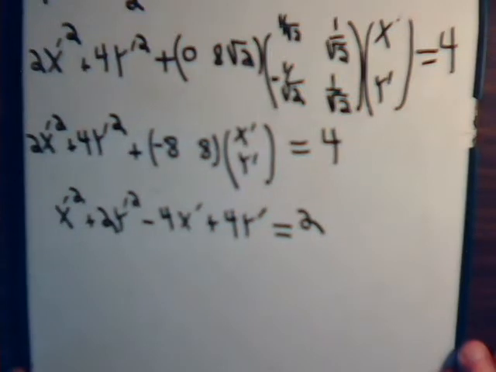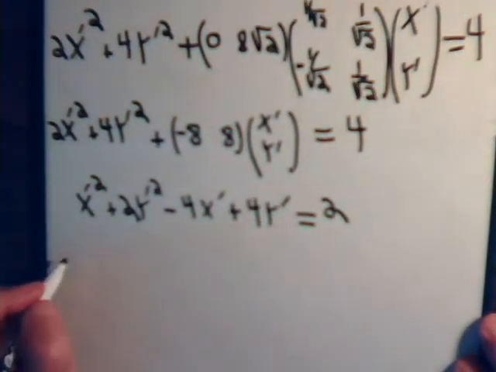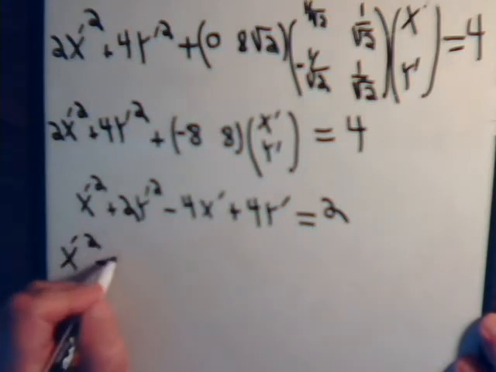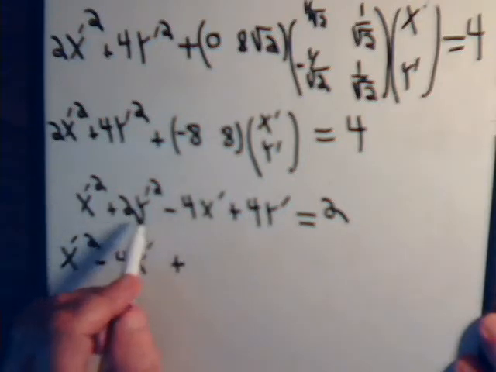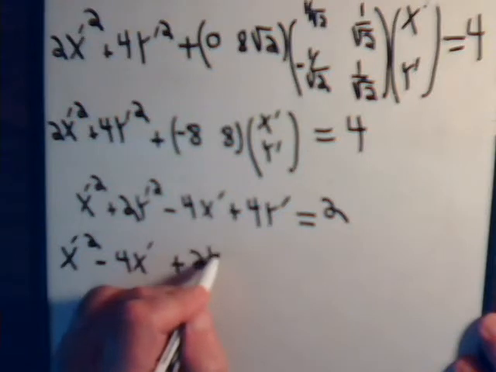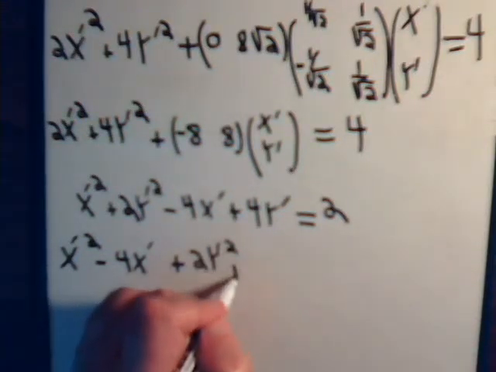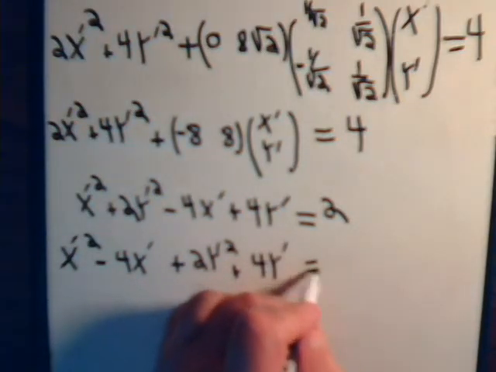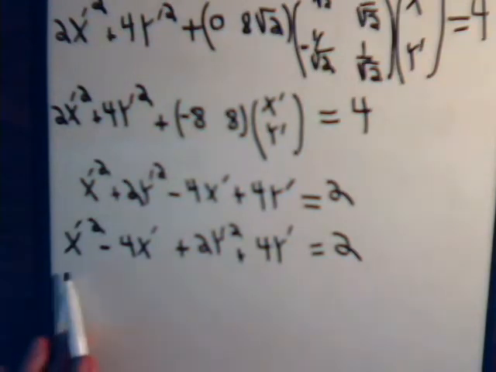So here we have x prime squared minus 4x prime plus 2y prime squared plus 4y prime equals 2.